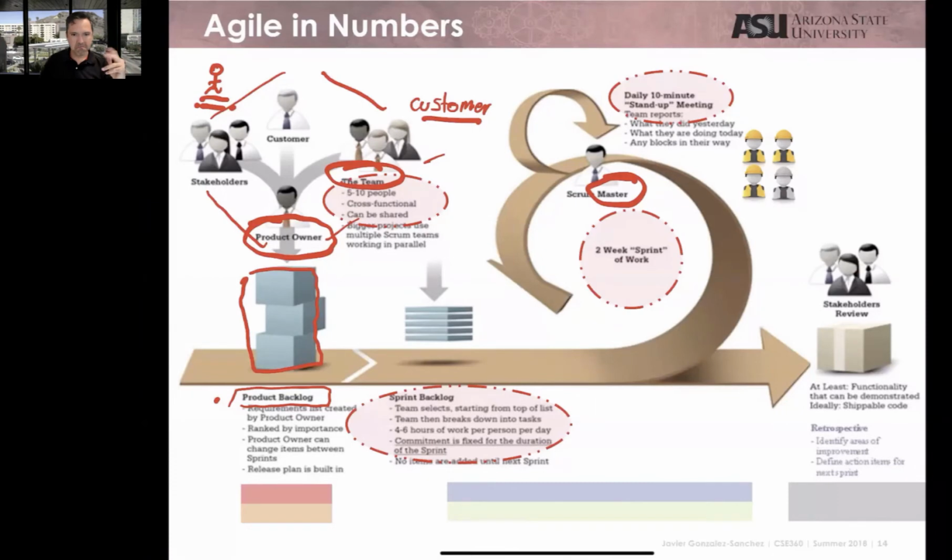Good. Now, the next step, from everything that you know about the product, you are going to take some of the user stories that you created, and you are going to decide which ones are the most important, which ones do you want to work on in the following 2 weeks.